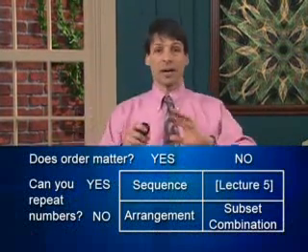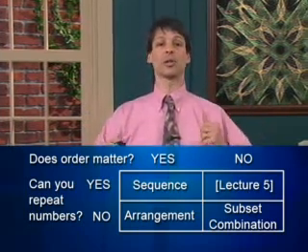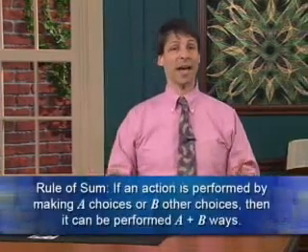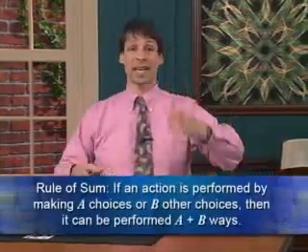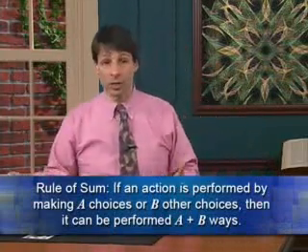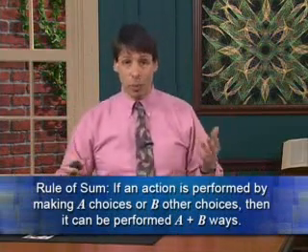But to come up with answers to these questions, we need some basic rules of counting. We'll begin with the rule of thumb that I like to call the rule of sum. If an action is performed by making A choices or B other choices, then it can be performed A plus B ways.